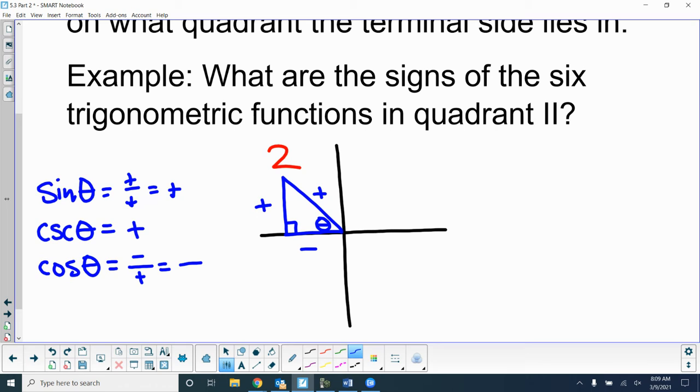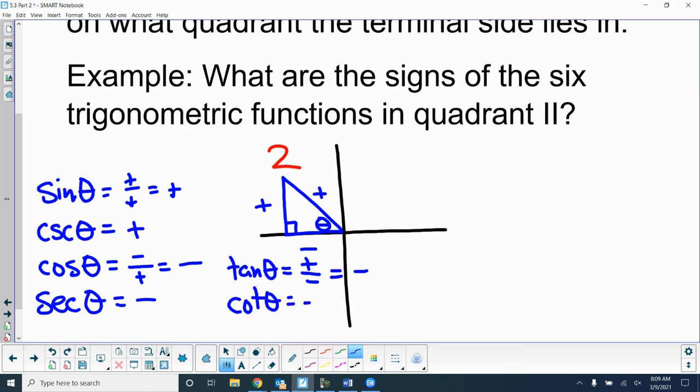You see how I'm figuring them out? And then secant, its reciprocal, would also be negative. Just flip that, right? Tangent of theta is opposite, a positive number divided by adjacent, a negative, so that's a negative. And then cotangent would just be the reciprocal, which is also negative.